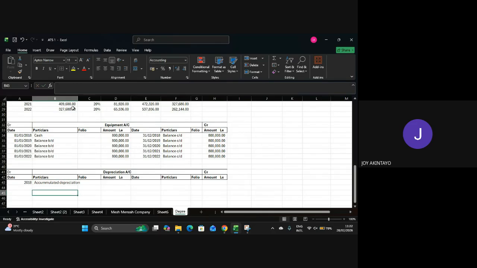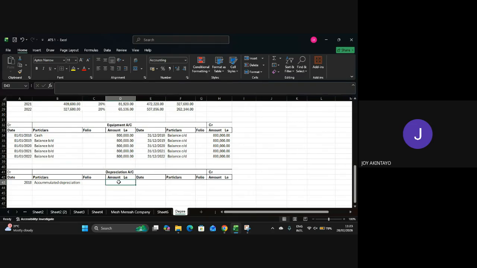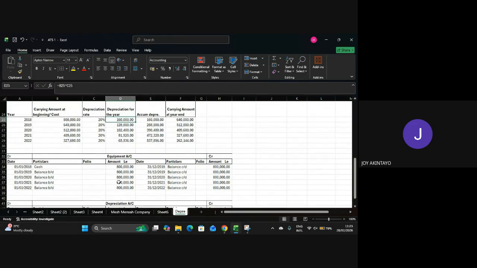Are we together? So how much is our depreciation for 2018 year? Based on our calculation, we have 160, abi? Yes, 160. So you bring your 160 here.